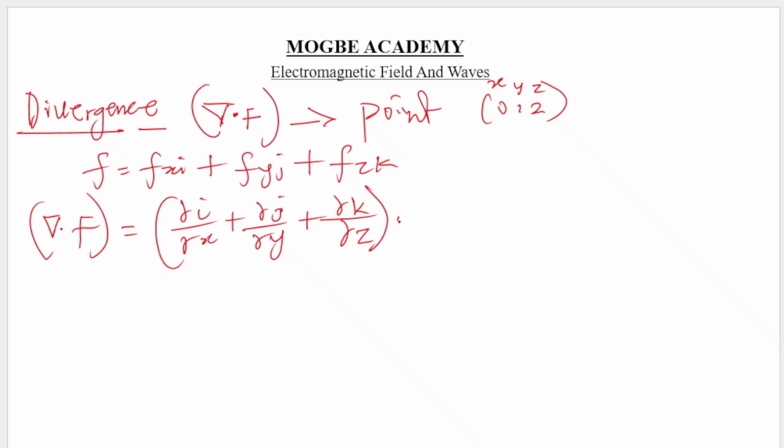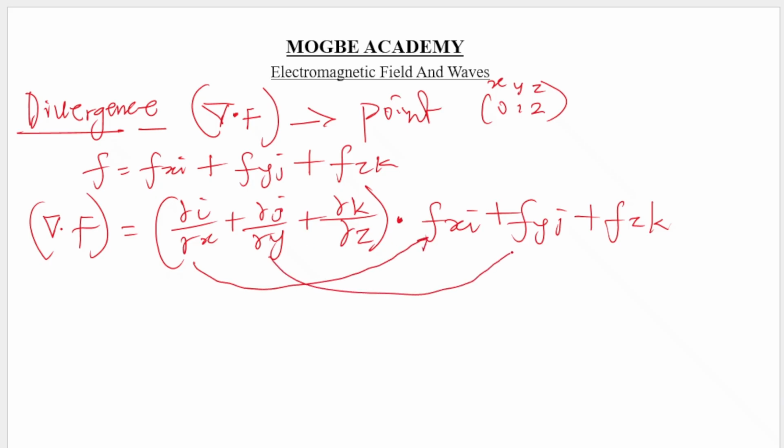And this will be multiplied with our field given, which is Fxi plus Fyj plus Fzk. You can now see that they have the same concept with your gradient. Are we together? What we have here will be multiplied with what we have here, what we have here will also be multiplied with what we have here, and what we have here will also be multiplied with what we have here.